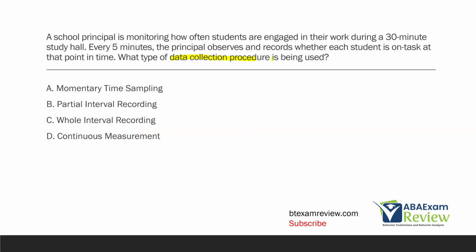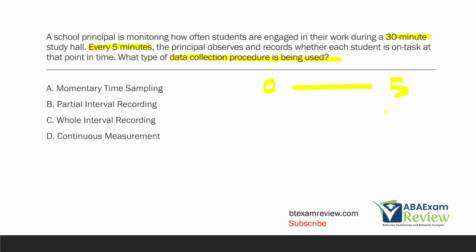So, data collection question. First off, are we using continuous or discontinuous measurement? Well, this is going to be discontinuous. We've got this 30-minute study hall, and we're looking in intervals, right? Every 5 minutes. So, essentially, our interval goes from 0 minutes to 5 minutes, right?